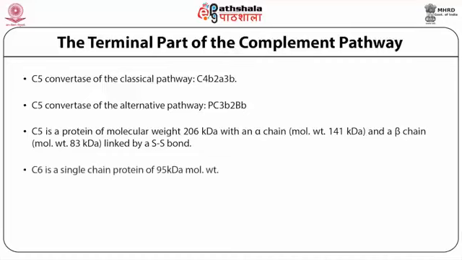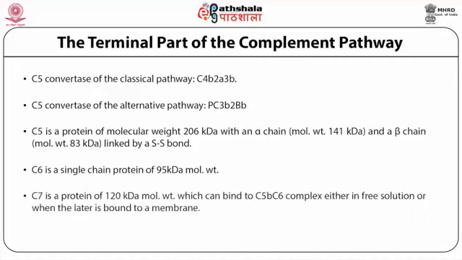C6 is a single chain protein of 95 kilodalton molecular weight. C7 is a protein of 120 kilodalton molecular weight which can bind to the C5b C6 complex either in free solution or when the latter is bound to a membrane.